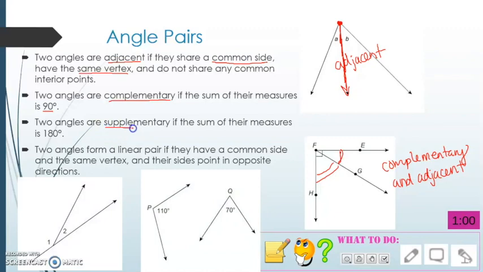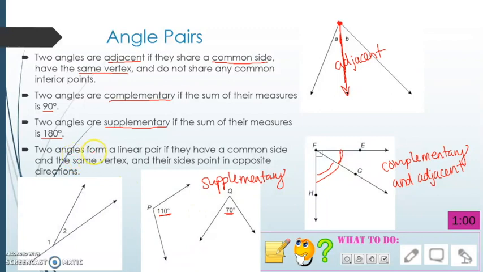Two angles are supplementary if the sum of their measures is 180 degrees. So that's this example right here. See how these are not adjacent, but because 110 plus 70 is equal to 180, that makes them supplementary.